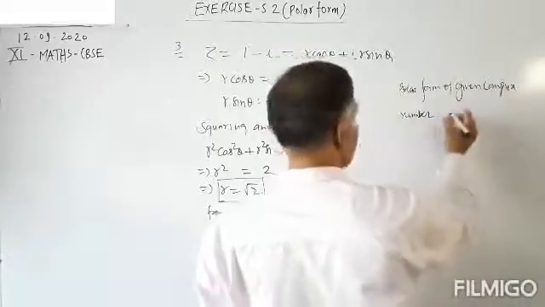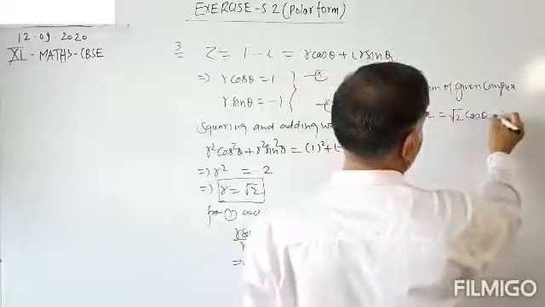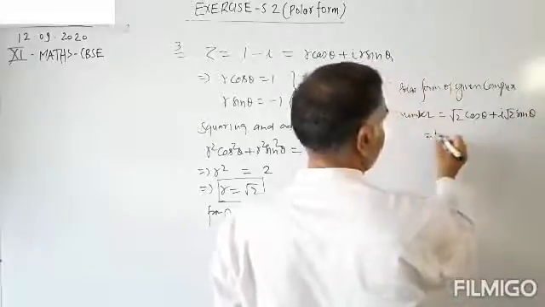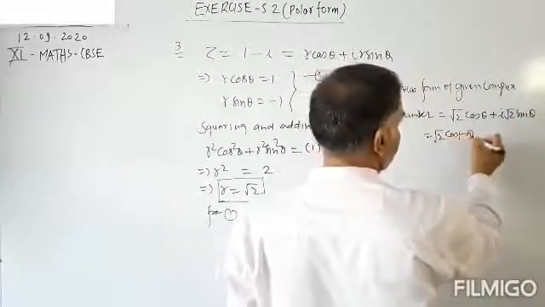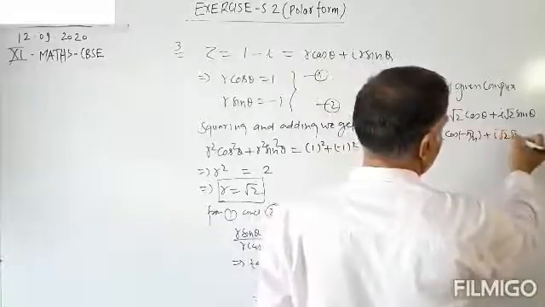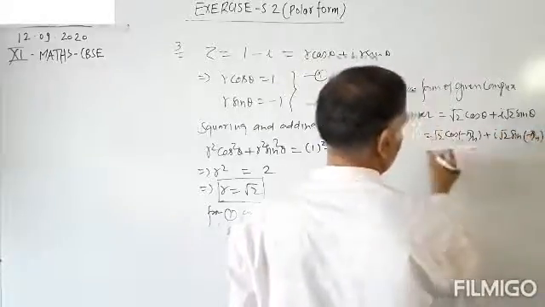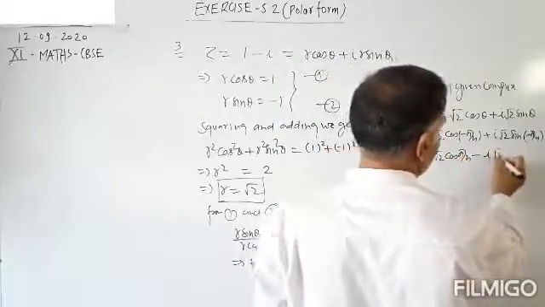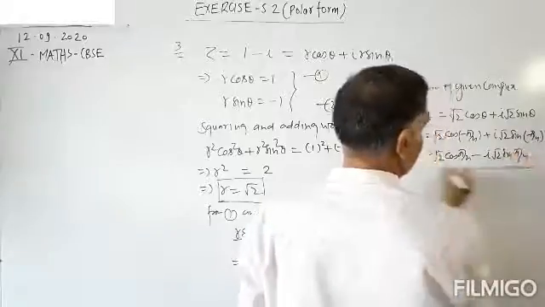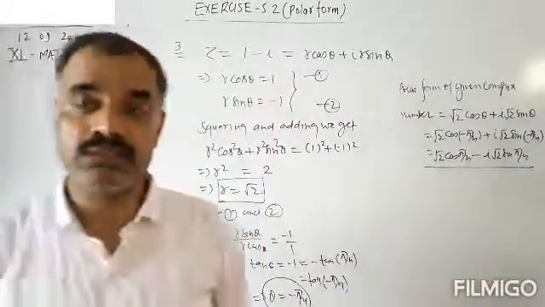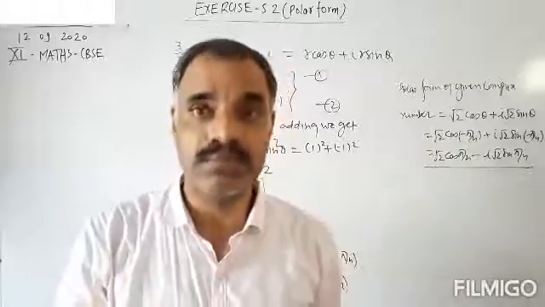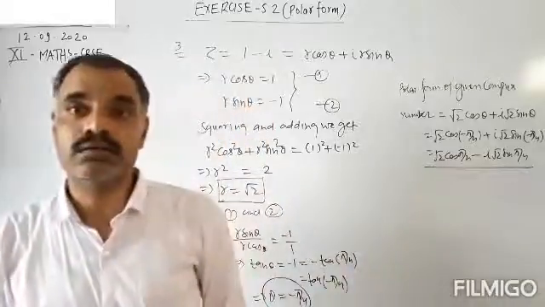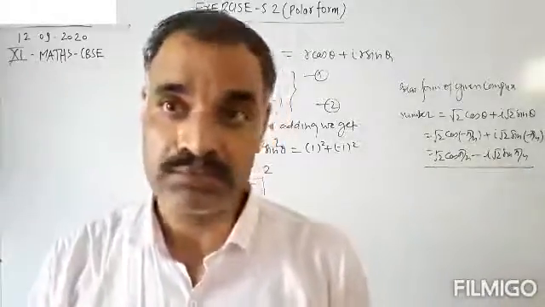R means under root 2, so under root 2 into cos minus pi by 4 plus iota under root 2 into sin minus pi by 4, equals under root 2 into cos pi by 4 minus iota under root 2 into sin pi by 4. Cos of minus theta is cos theta and sin of minus theta is minus sin theta. Using that we get the polar form of the given complex number.